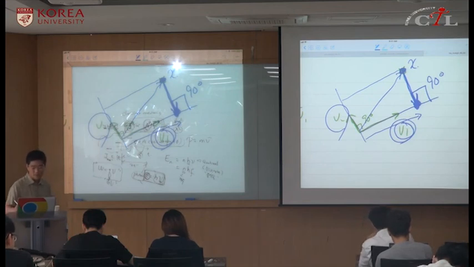Because it is enough to do this projection with the 90 degree angle. This is called the orthogonal projection, and we will study it in more detail in the later parts.